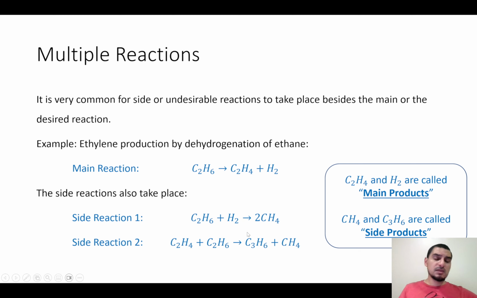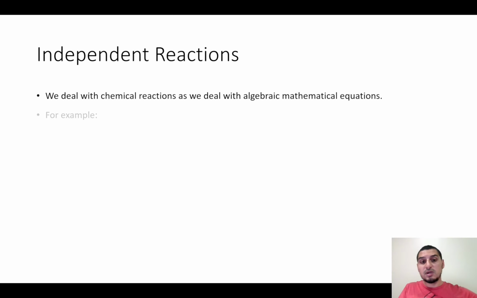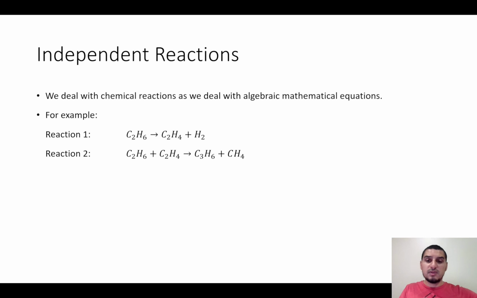There is one other thing that we want to mention about dealing with multiple reactions, is that we can deal with chemical reactions the same way we deal with algebraic equations. So for example, if we have the dehydrogenation reaction that we just mentioned, and we have the side reaction, these are two different reactions.